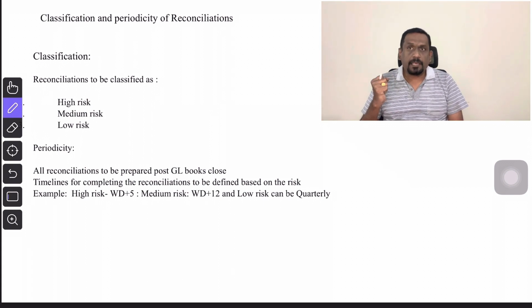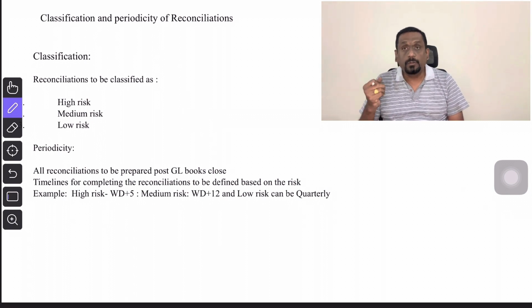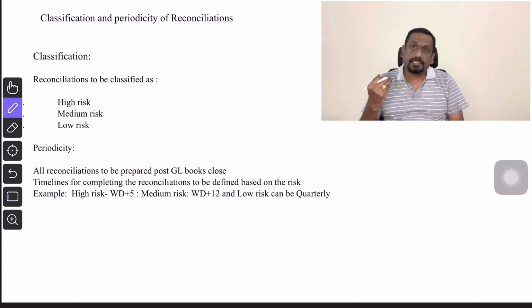So cash and bank transactions can be classified as high risk. Trade receivables, trade payables, these are all huge value accounts, and these can be classified as high risk.